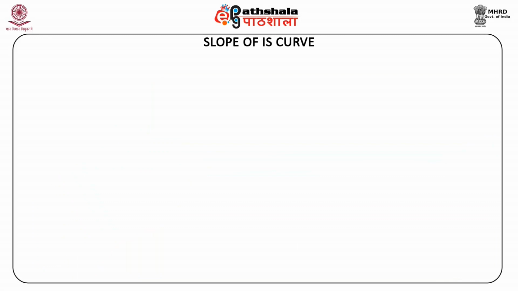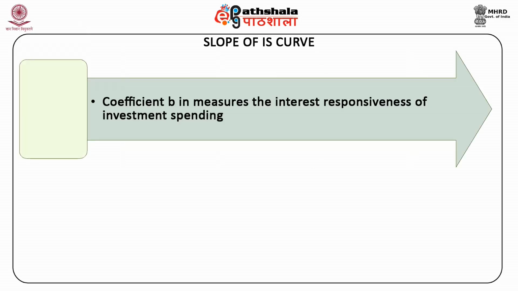Let us look at the first factor, the interest rate sensitivity of investment, given by b. The coefficient b in the investment function measures the interest responsiveness of investment spending.